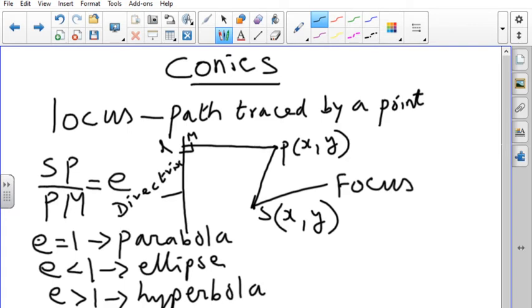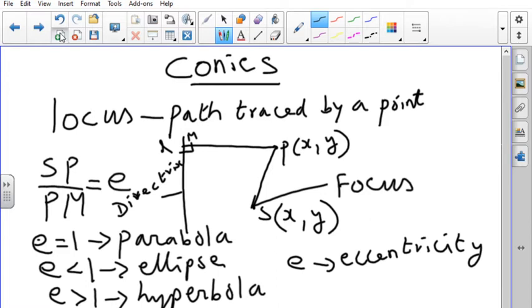And this E is a constant, which is called the eccentricity. E is eccentricity.